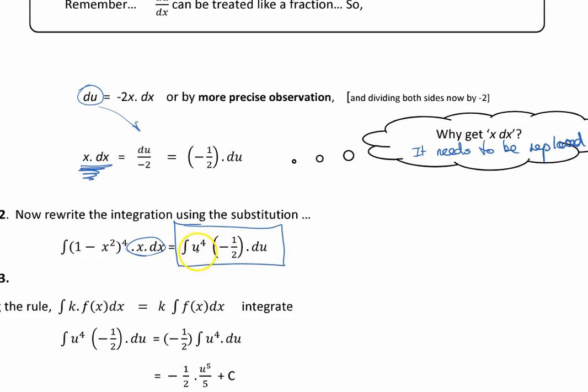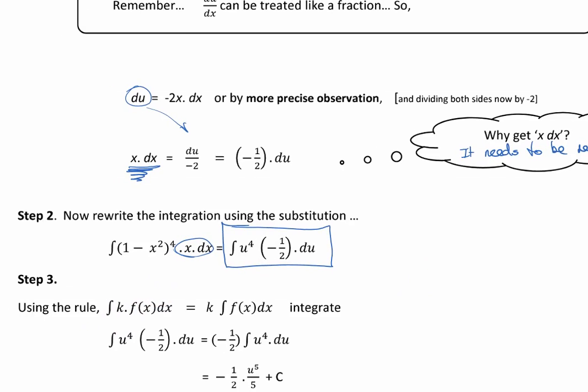That's asking you to integrate in terms of u to the fourth, and we've got this constant. Remember, using the rule where if you've got a constant times a function, then you can take your constant out. Well, we're going to do exactly that. Our constant is negative a half. We're going to take it out.